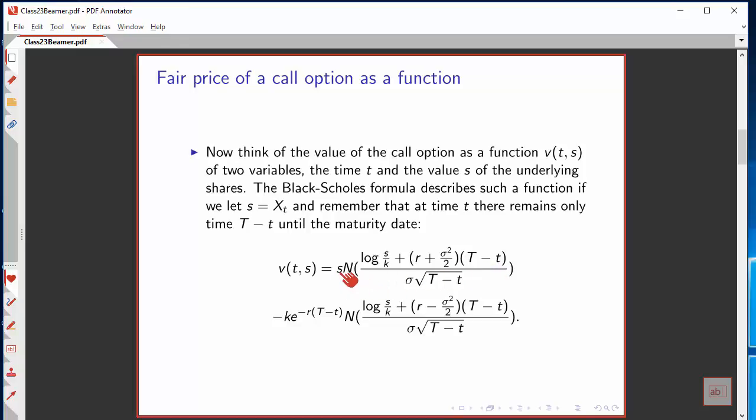I can write s wherever we had V sub t. This formula has to be split over 2 lines, it's so long, but there is the Black-Scholes option pricing formula, explicitly written as a function of the time t and the share price little s at that time.